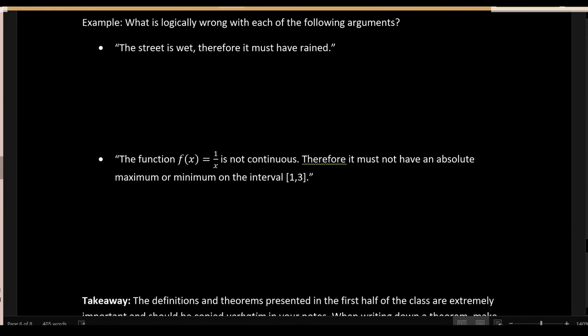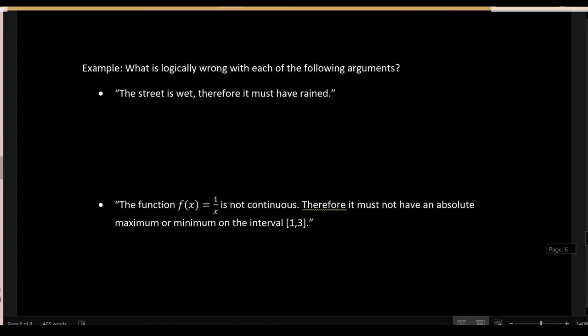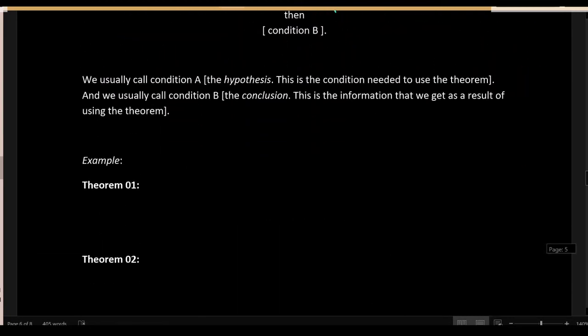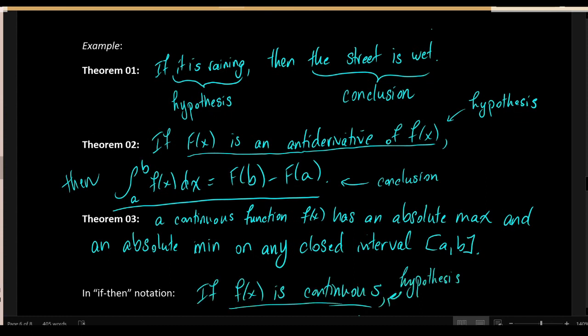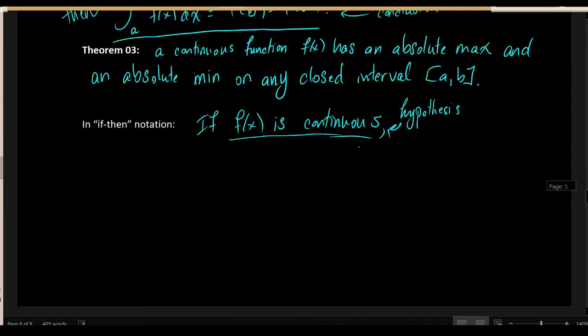To see some examples of someone using a theorem in an inappropriate and logically invalid way, let's look at a few concrete examples. Someone says to me, oh, okay, the street is wet, therefore it must have rained. Now clearly this person has in mind theorem number 1, which says if it's raining, then the street is wet. What they're trying to do is essentially use this theorem backward. The street is wet, so it must have rained.